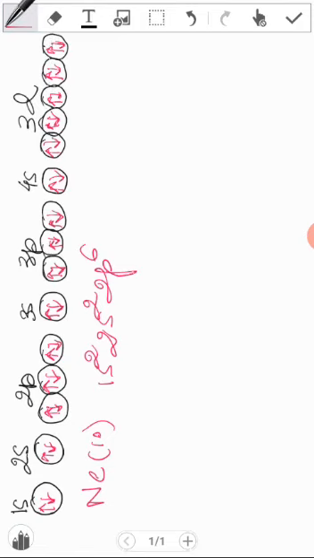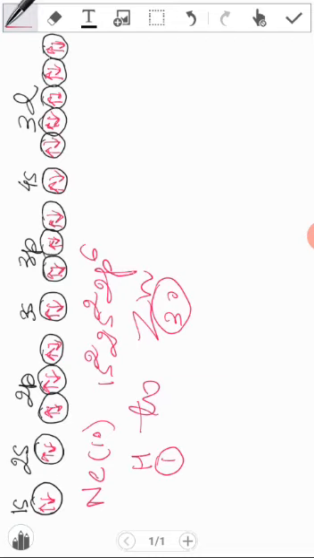See, electrons will be filled like this. You will fill all the electrons in the orbitals and you will write electronic configuration from hydrogen to zinc. Atomic number of hydrogen is 1 and zinc is 30.